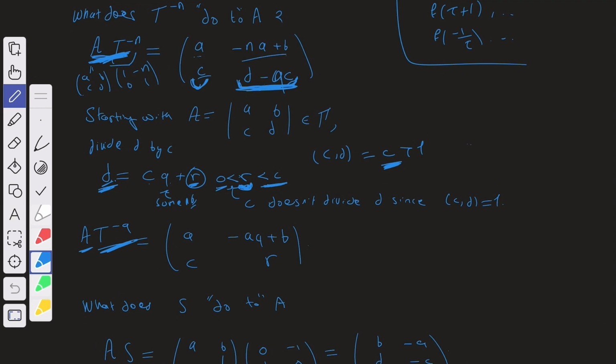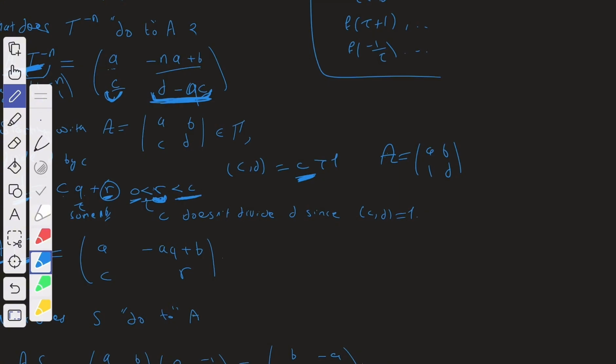We will have something like A is equal to (1, A, D, B) over here. And since the determinant is 1, this will force that AD minus B is 1. And if we rewrite A, this will be (A, AD minus 1, D, 1).